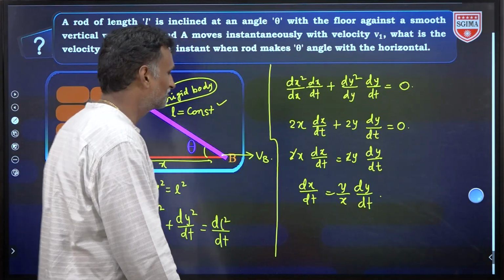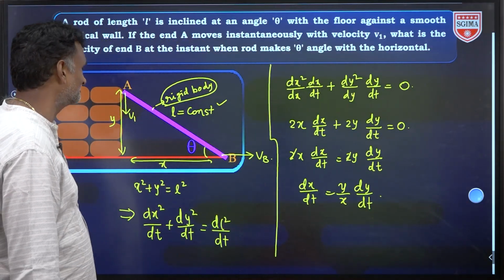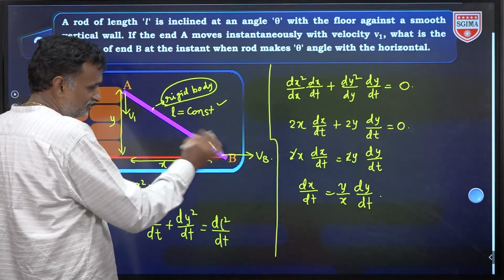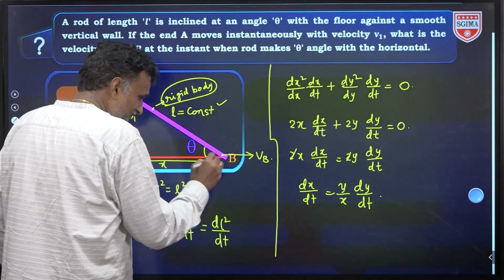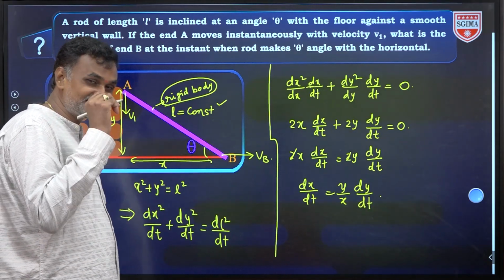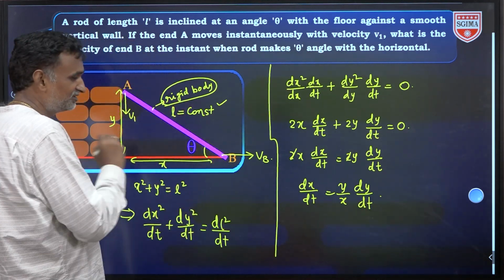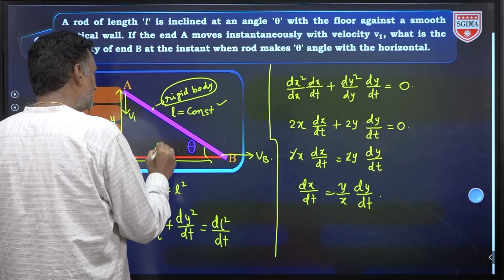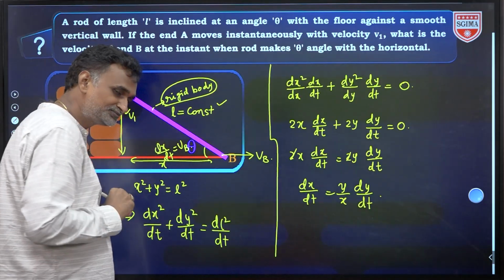Now, let us see what these are. It is a distance x from the wall instantaneously. As this x changes with respect to time, dx/dt explains the velocity with which end B travels the displacement x, so we can write Vb.